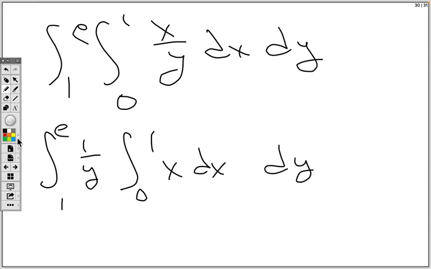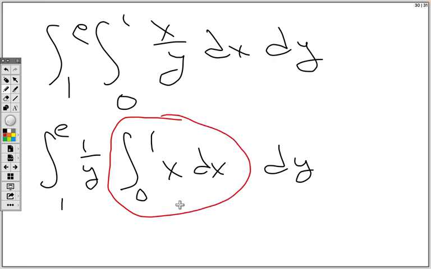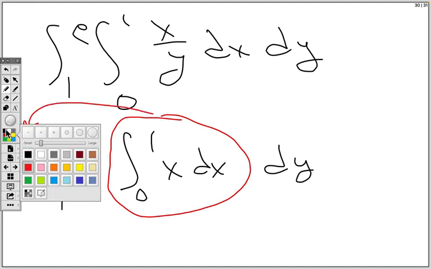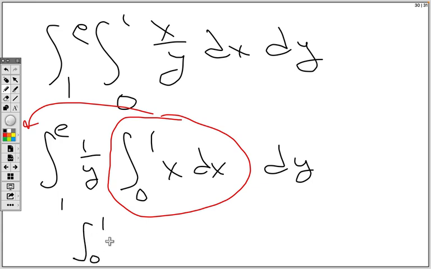Then they'll say, well, wait a minute. This thing in here has nothing to do with the y's. There's no y's in the integrand. There's no y's in the limit of the integral. So this is a constant as far as the outermost integral is concerned. And so you'll often see this happen.